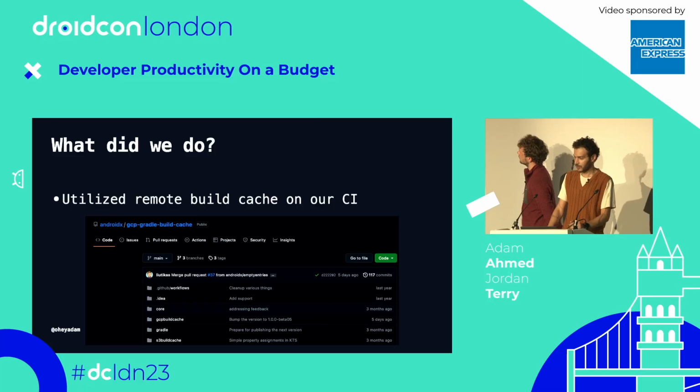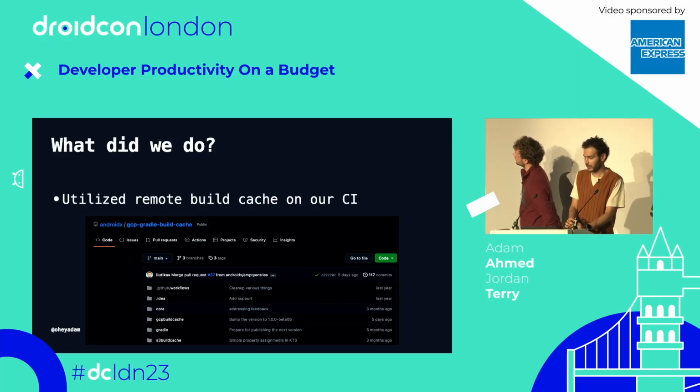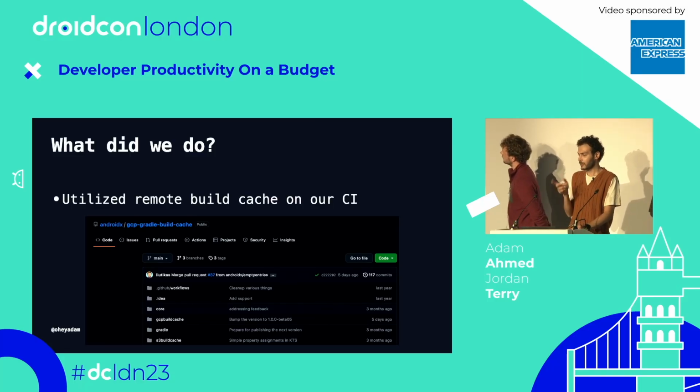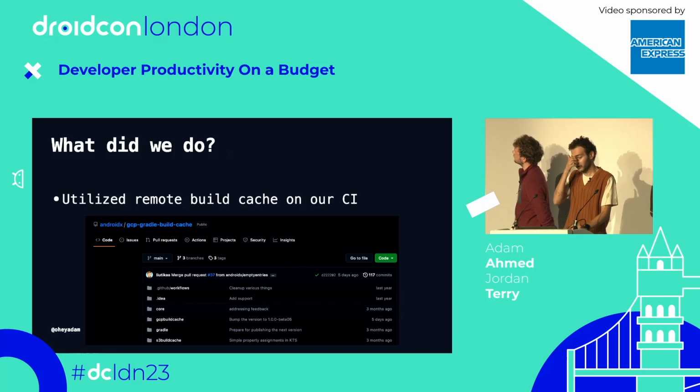One thing, this is a cool project by the AndroidX team. They had built this because they use GCP, and it allows them to use remote build caches using GCP. But because we use AWS, we just forked that project and wrote our own version of it that uploads our caches to AWS.